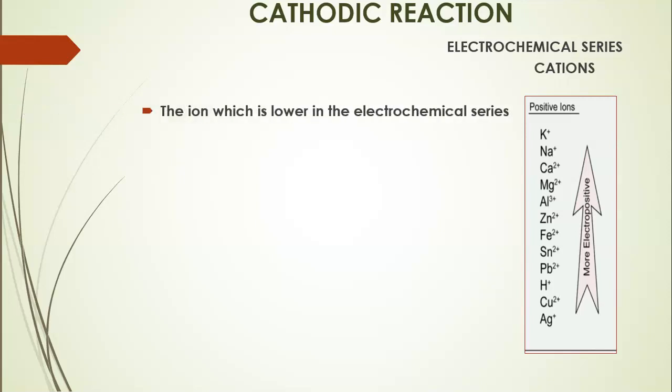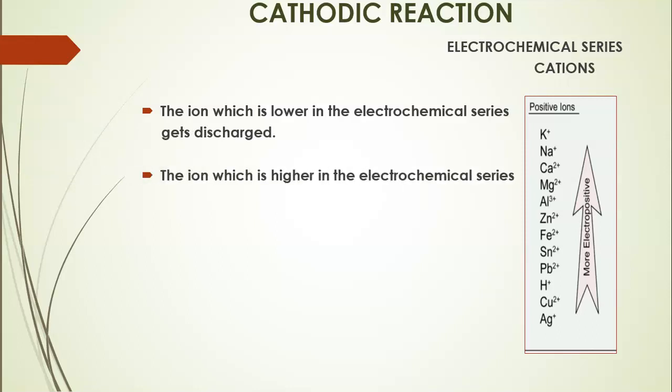Whenever we have to make a choice as to which of the ions will get discharged, we refer to the activity series or the electrochemical series. The ion which is lower in the electrochemical series gets discharged, while the ion which is higher in the electrochemical series does not get discharged.